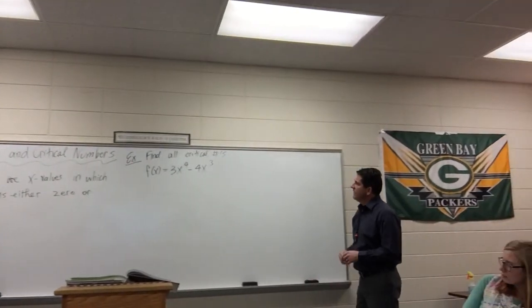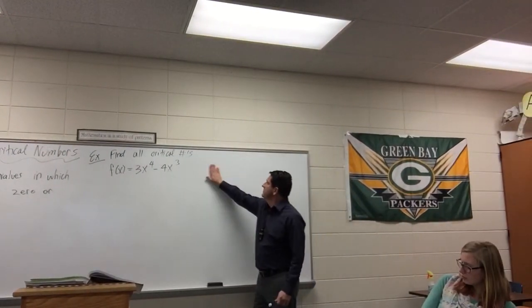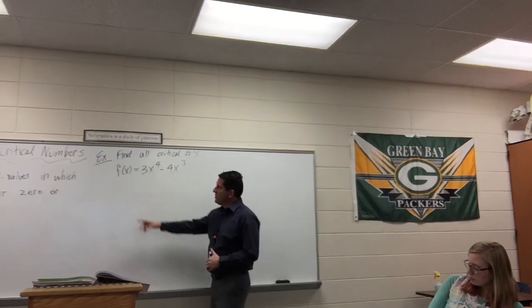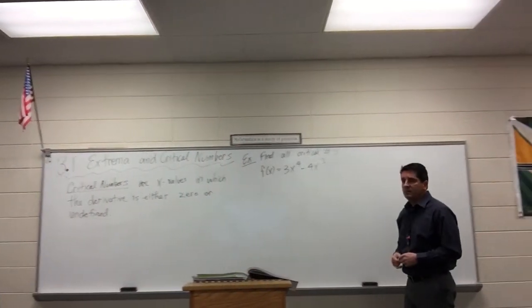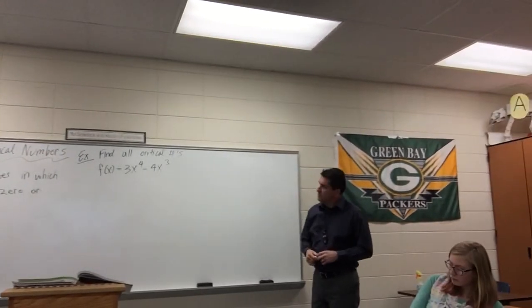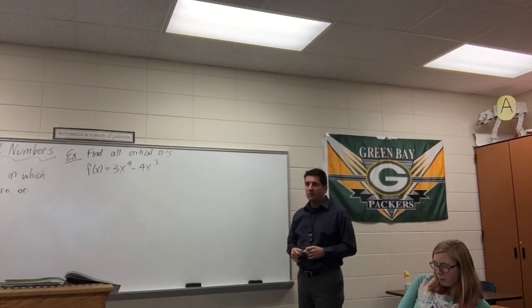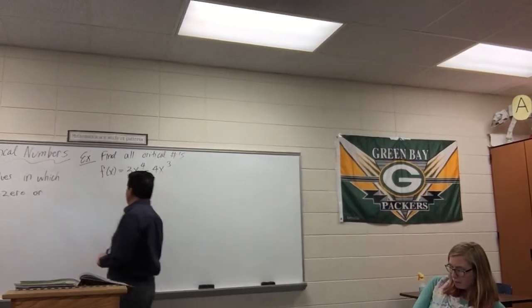Okay. Find all the critical numbers of the function. And critical numbers are x values in which the derivative is either 0 or undefined. So what do you think we're going to do? Find the derivative. Okay. So step 1, find the derivative.